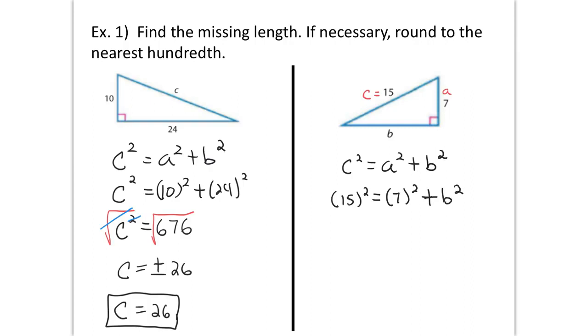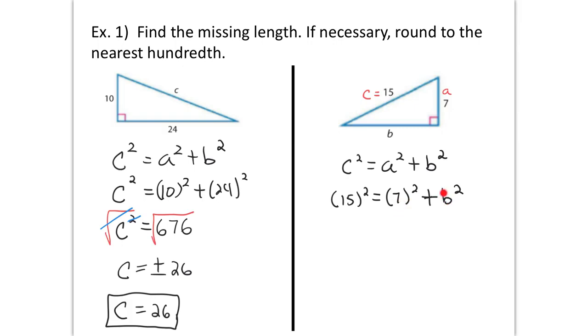Let me repeat this again. We have C squared, 15 squared, equals A squared plus B squared. We don't have the measurement of B. That's what we need to find.